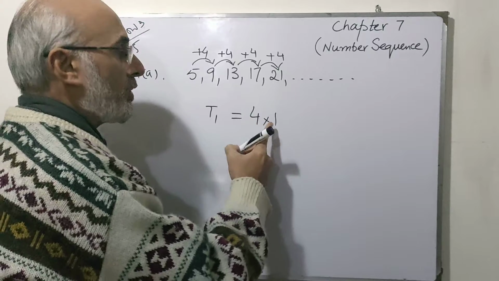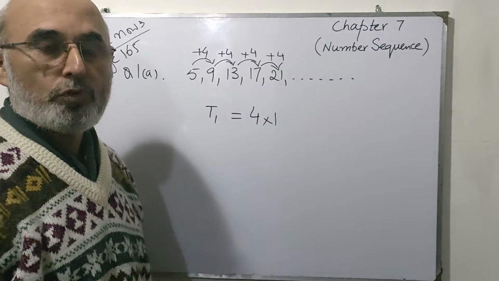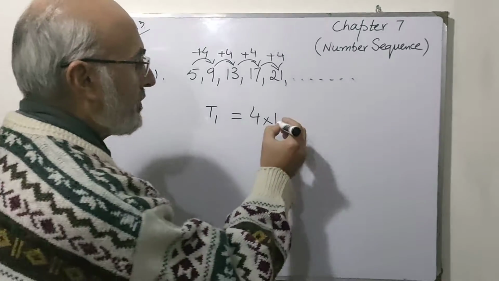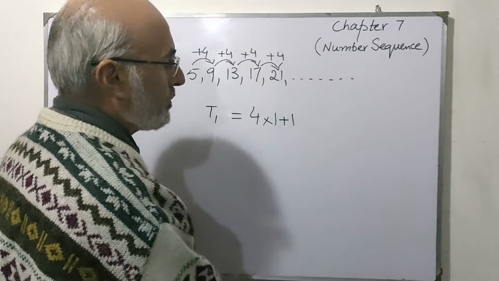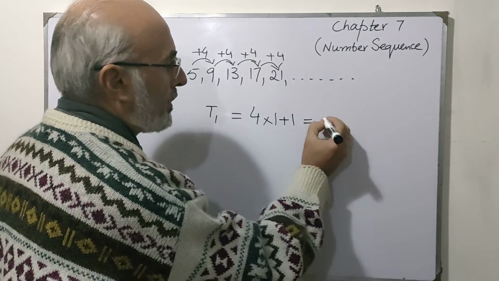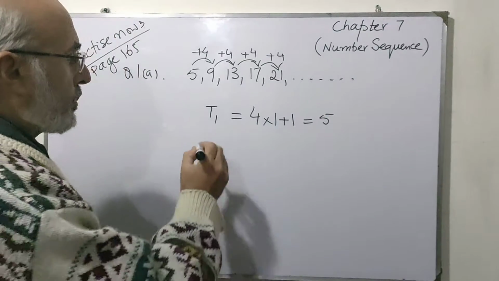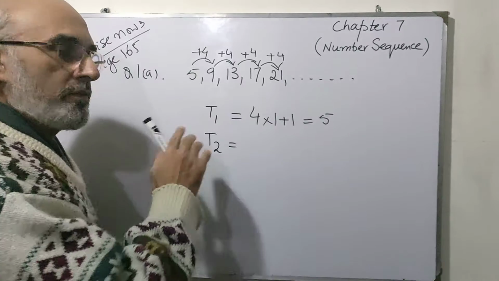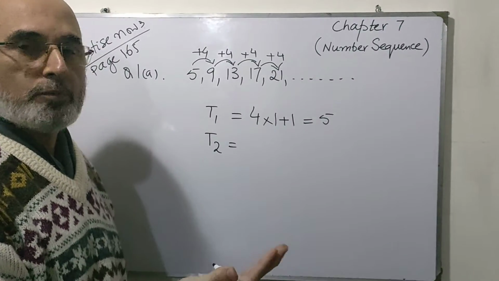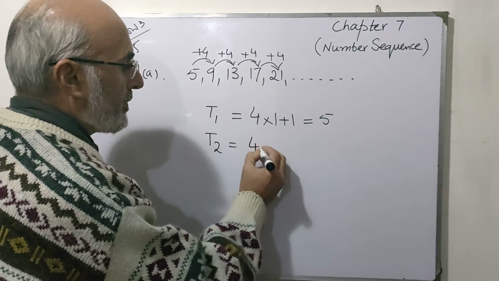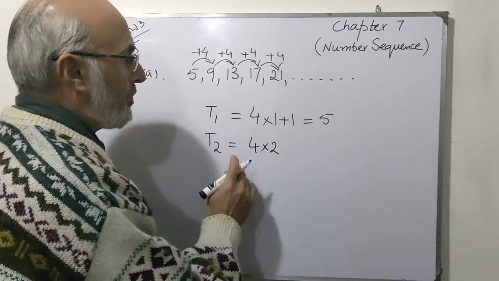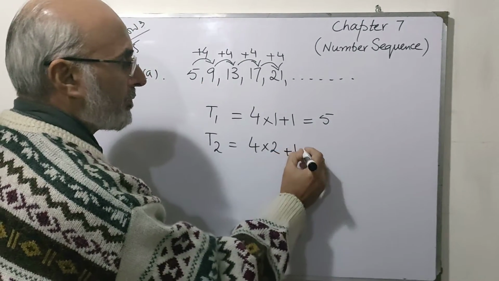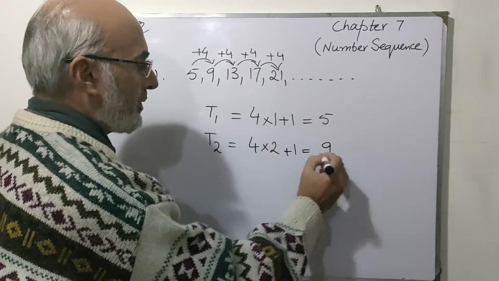What is it? 4 into 1 is 4. But what is our first term? 5. That means we have to add 1, which is equal to 5. Okay. So term 2. The position of the term 2 in the sequence is 2. So 4 into 2, which is 8. But what do we need? 9. So plus 1 is equal to 9.